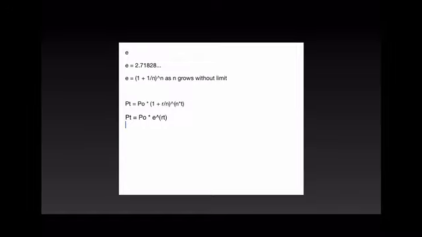We're interested in problems involving a P naught, an initial principal, whatever a population is at the beginning, or whatever money you lay down at the start of an investment, a P sub t, what the principal is at the end, at some future time that you're interested in.